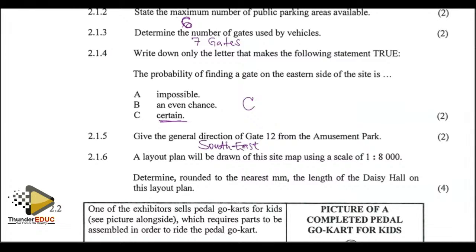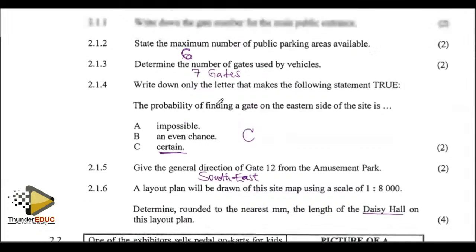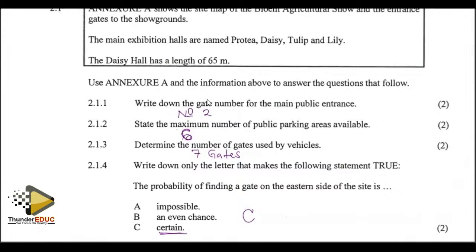All right, a layout plan will be drawn of this site map using a scale of 1:8,000. Determine, rounded to the nearest millimeter, the length of the Daisy hall on this layout. Remember, when we look at the scenario, they already told us the length of the Daisy hall is 65 meters.